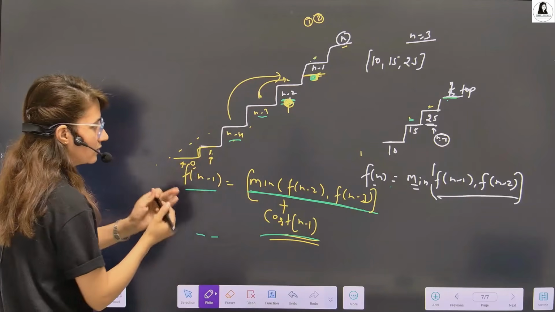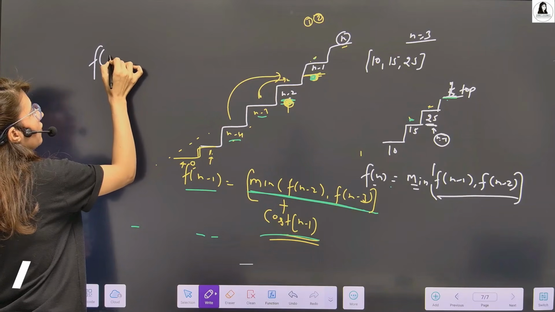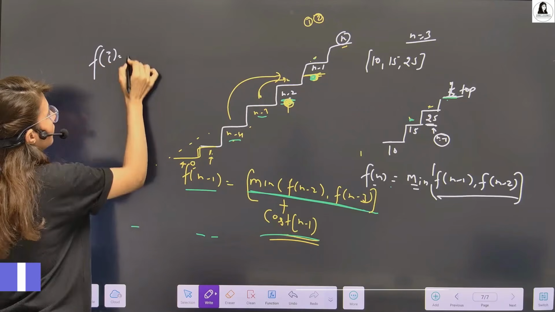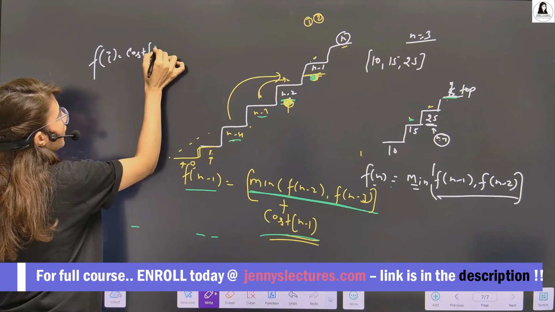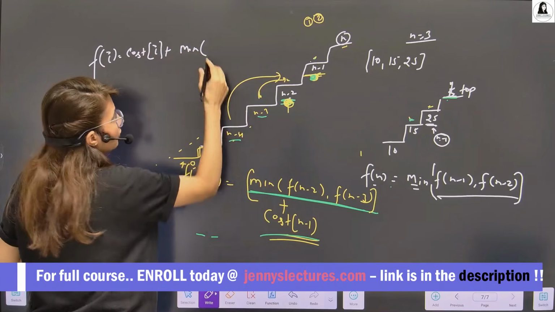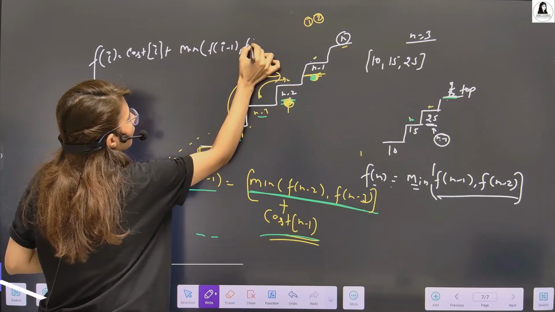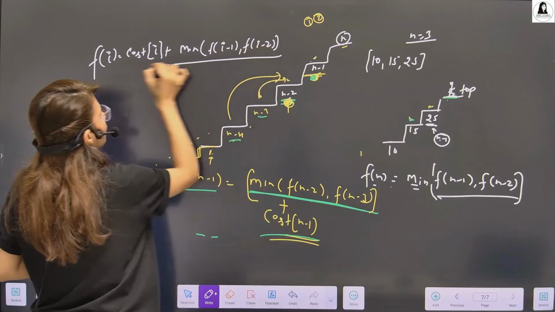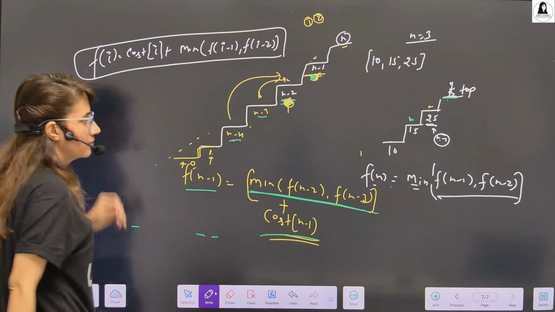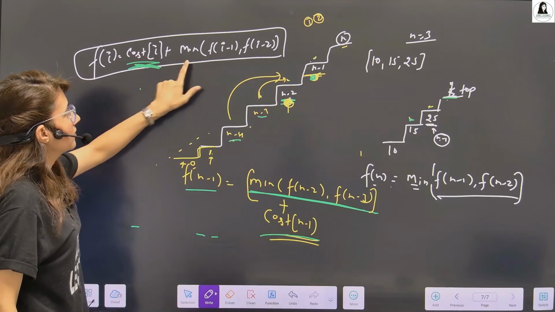So if you have to write this in a simple statement, it's like f of i is equal to cost of i plus minimum of f of i minus 1, f of i minus 2. Like this you can write. This cost of i also you need to add.